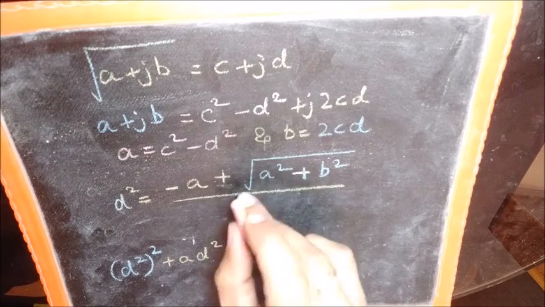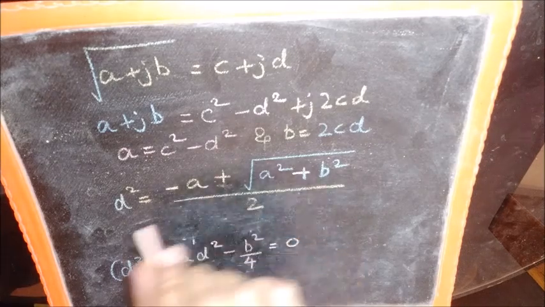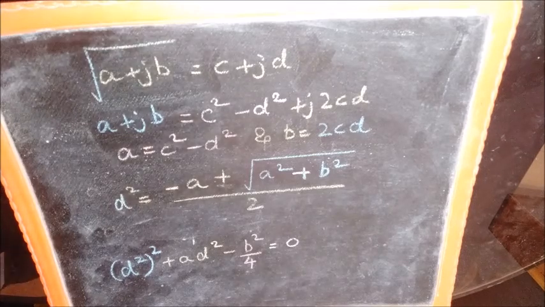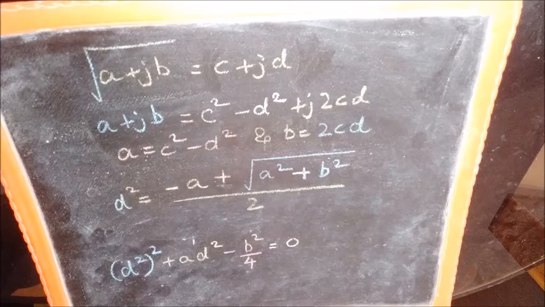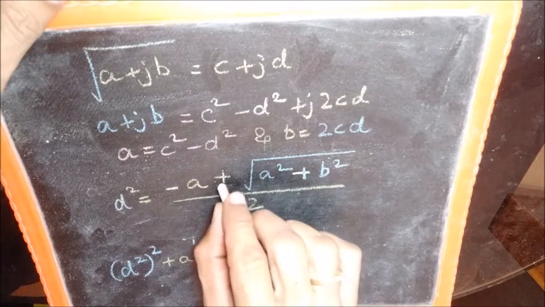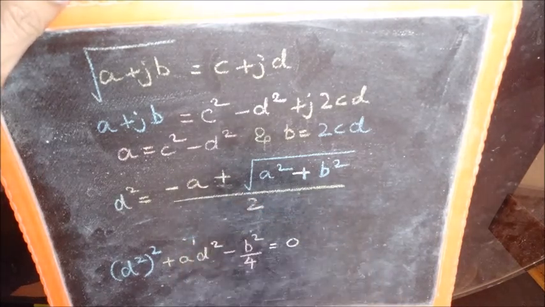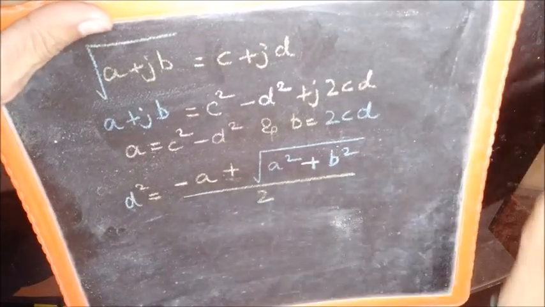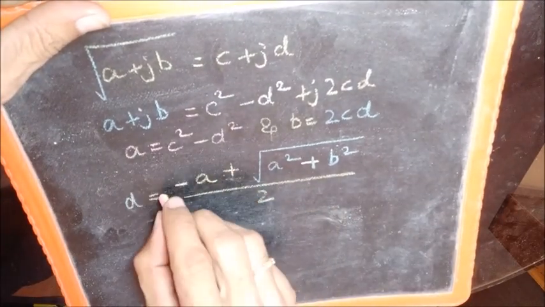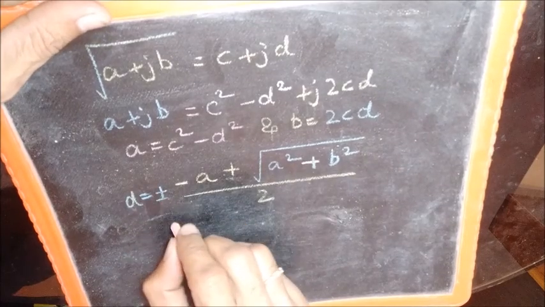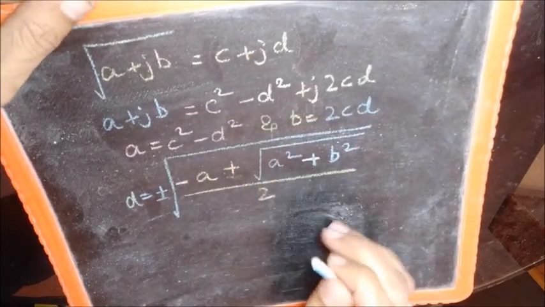And if this is negative, then d becomes imaginary, which is not what we want. D has to be real. So instead of plus or minus, we have a plus. So d square is this, which means that d is equal to plus or minus square root of this.